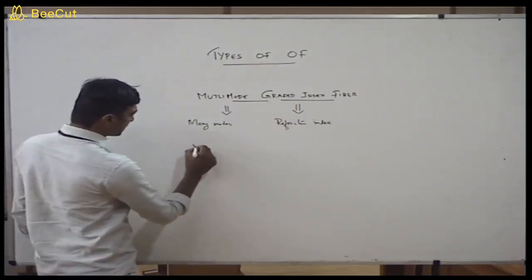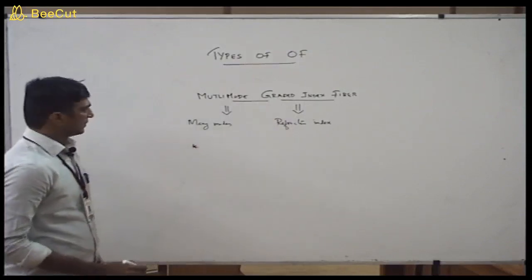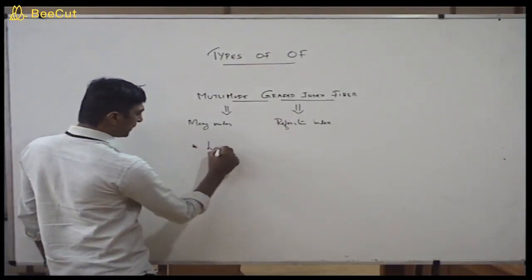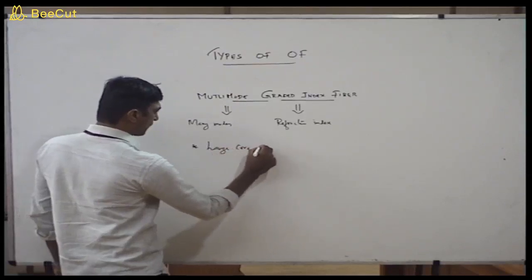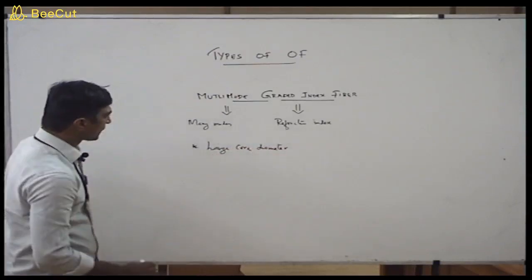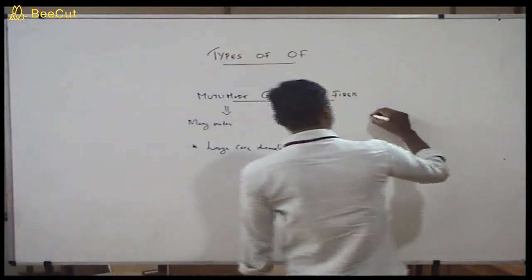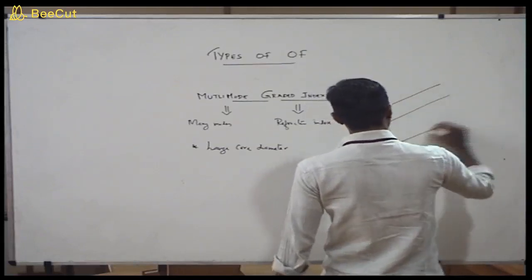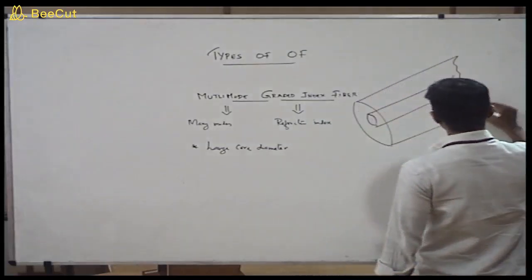Now these are the features of this multimode graded index fiber. It is having a large core diameter. These are the essential components of an optical fiber. Every optical fiber will be having a core and cladding.